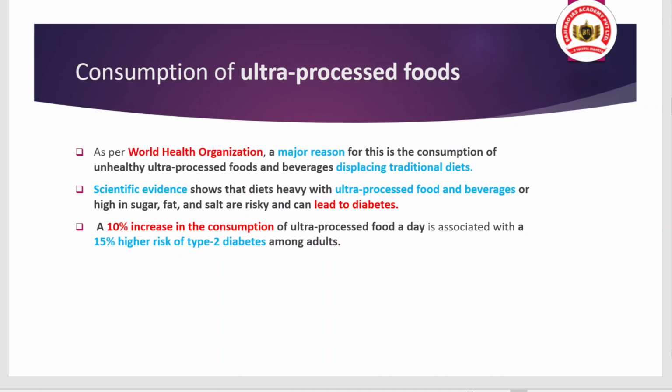Also, the World Health Organization highlighted a major reason for this: the increase in consumption of unhealthy ultra processed foods, which are displacing our traditional, nutrition-rich diets. There is scientific evidence of that: ultra processed food and beverages have high content of sugar, fat, and salt, and it leads to diabetes.